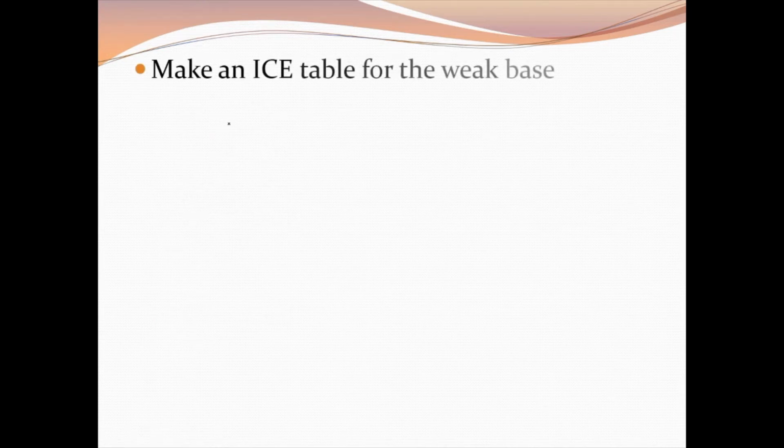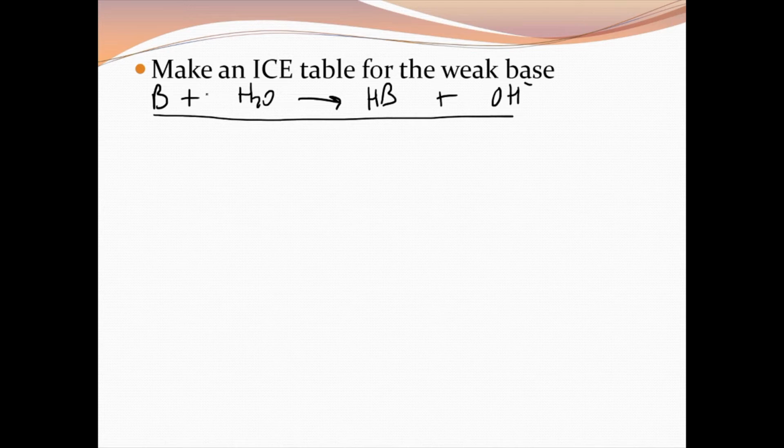We simply have to set up a RICE table for the weak base, and this table will look like this. Base plus water will create the conjugate weak acid and hydroxide, and then we'll end up with the following.